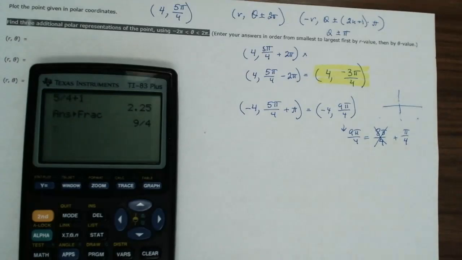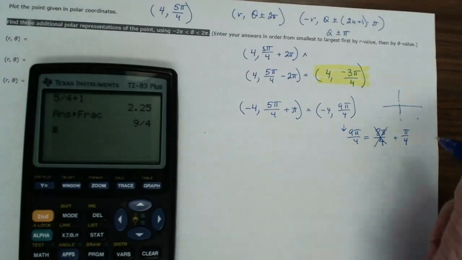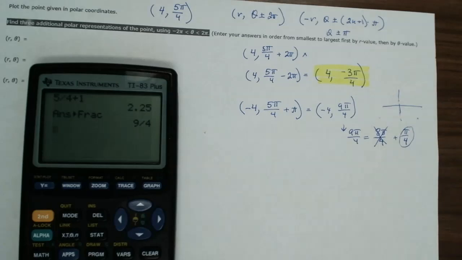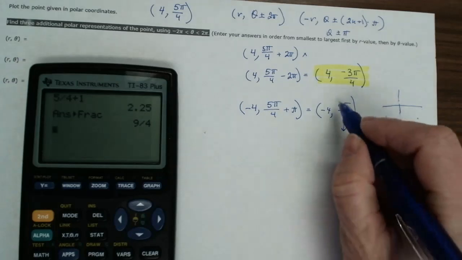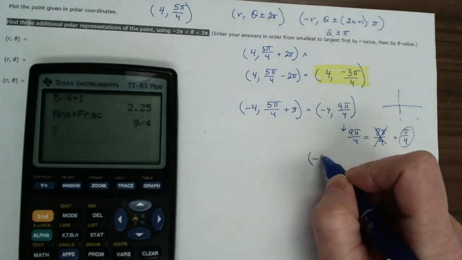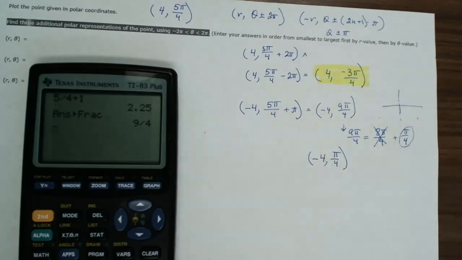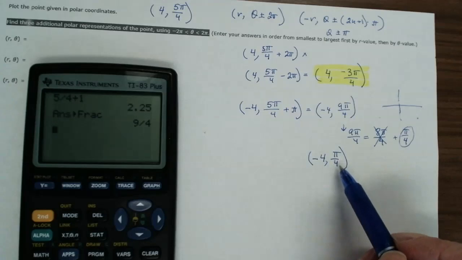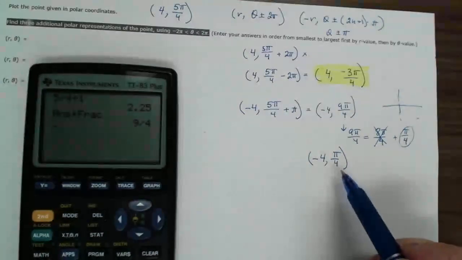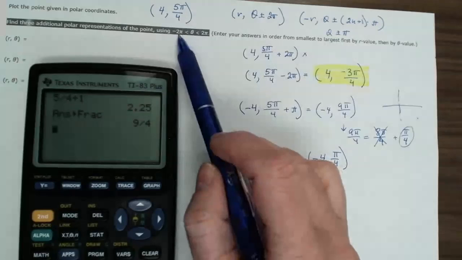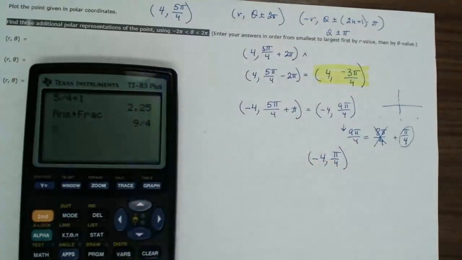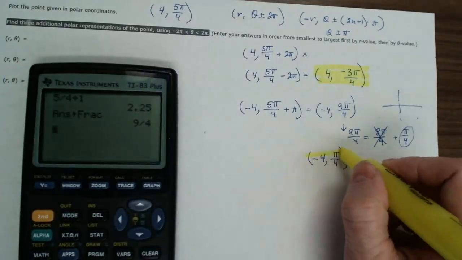So we can get rid of this part, and we have left π/4. So this point we can rewrite as negative 4, π/4. And again, π/4 is between negative 2π and positive 2π. So we have a good answer now.